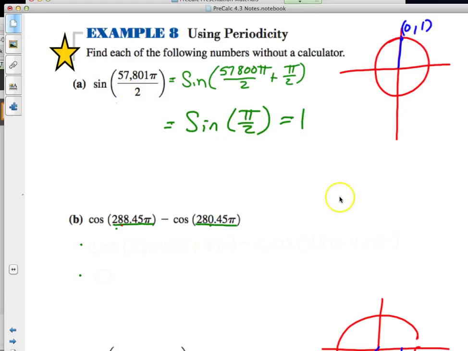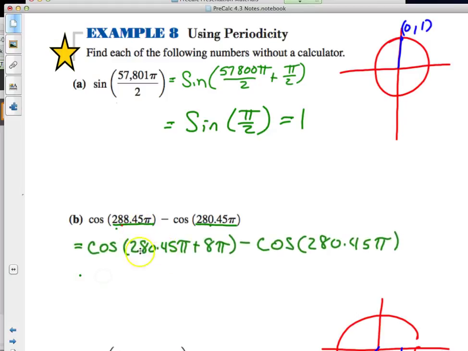Now, let's talk about periodicity. When I'm looking at cosine of 288.45 pi minus cosine of 280.45 pi, I'm looking at this and I go, the difference in these two angle radians is 8 pi. So let's break it down like this.